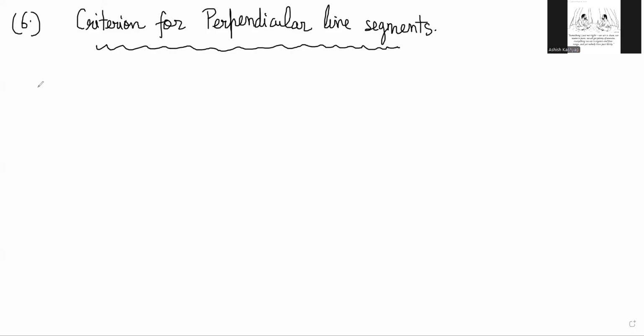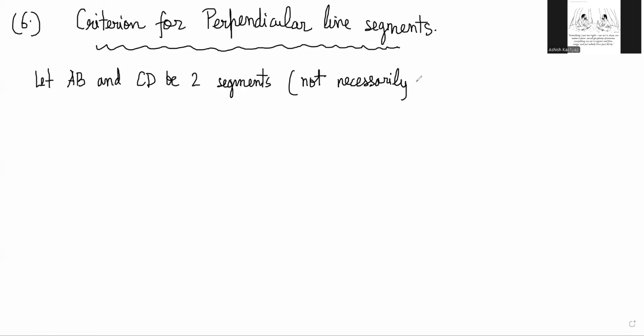So the statement goes like this: let AB and CD be two segments, and the good part is that they don't necessarily have to intersect.